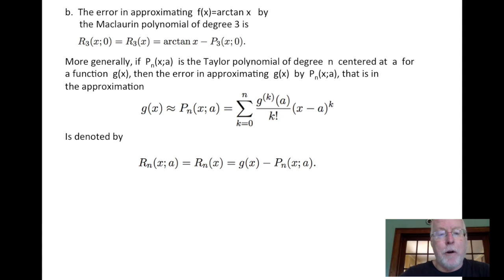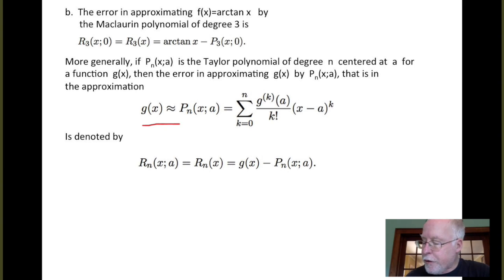So this is a part of some general notation we'll review right here. If we have an nth degree Taylor polynomial centered at A for a function g, then the error in approximating g by Pn of x in the approximation is this. So here is how we might denote g is approximated by Pn, which again is this nth degree Taylor polynomial.